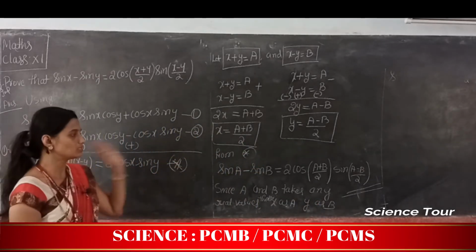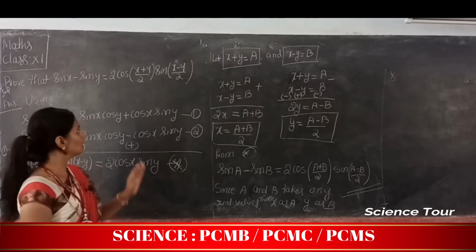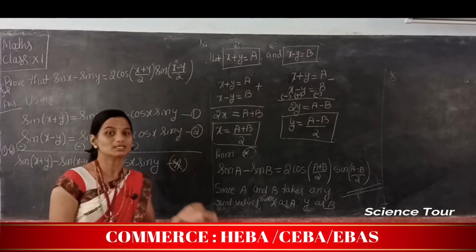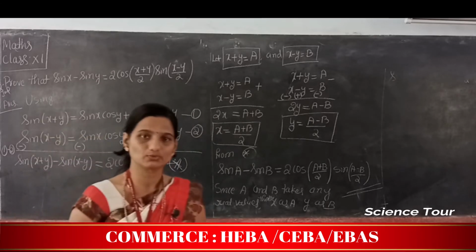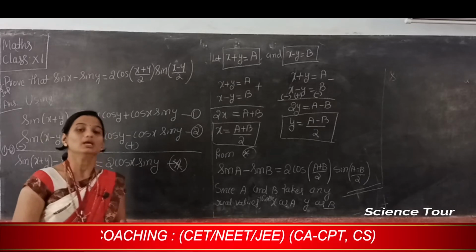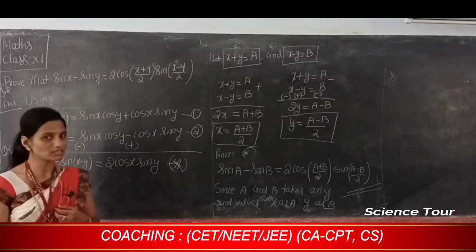So this is your formula. It is an important derivation for 2 marks. Next we will discuss 2 more formulas. Which are those 2 more formulas? Cos x plus cos y and cos x minus cos y.